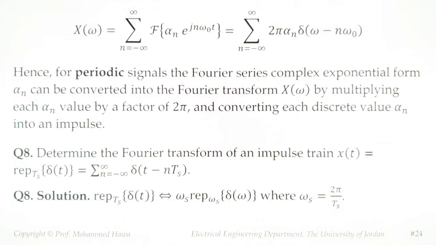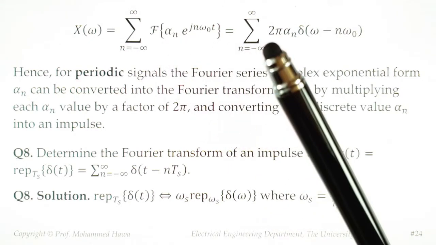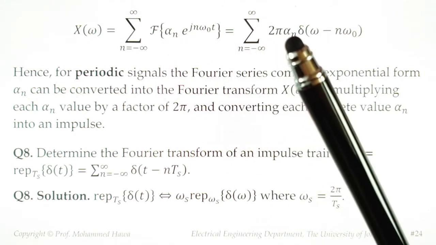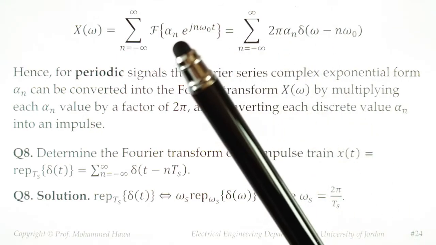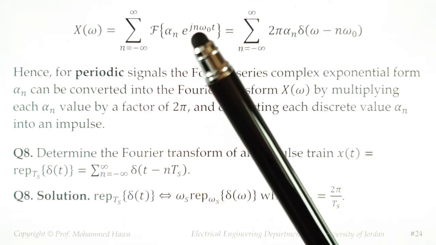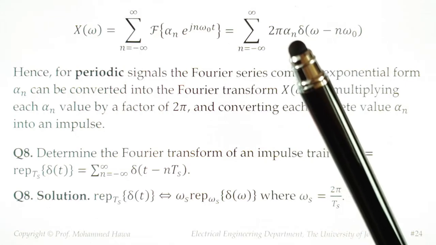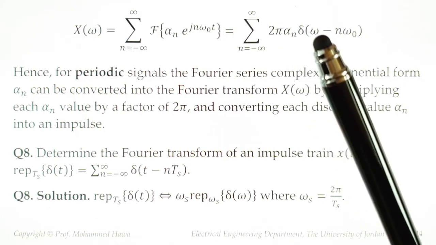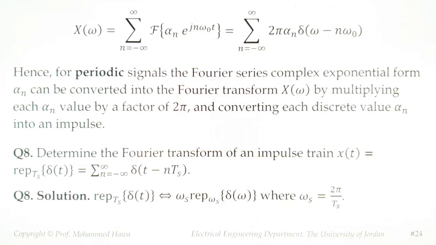But we already memorized that the Fourier transform of a constant like alpha n is 2 pi multiplied by the constant alpha n by an impulse delta of omega. What about when I multiply by e to j n omega naught t? That results in frequency shift. And instead of having an impulse delta of omega, I have to add minus n omega naught, which comes in from here. This is a shift in frequency domain.